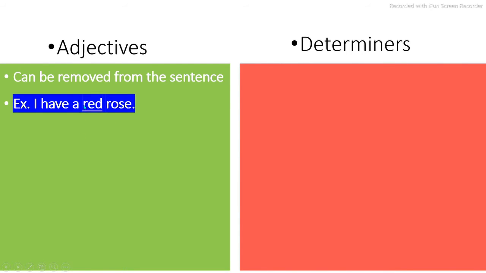Even if I remove this, it will not create any ambiguity or misunderstanding. Fine, there is one word less to describe the noun, but the meaning is not lost anyhow. But with determiners, we cannot remove any determiner from the sentence, otherwise it will create a grammatical error.